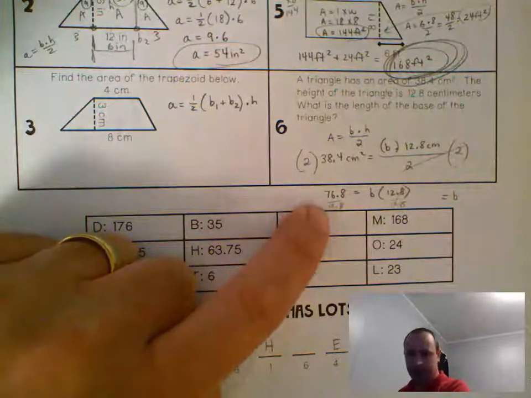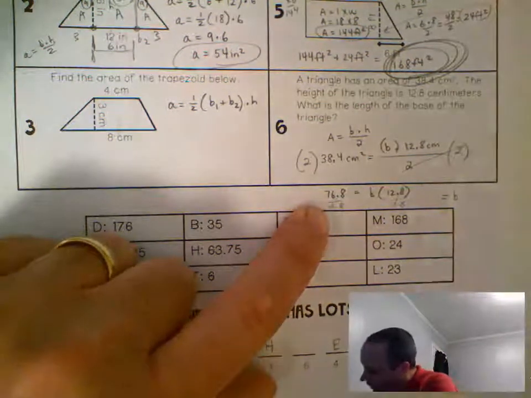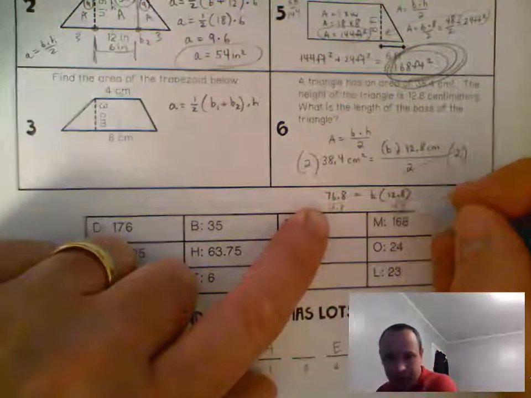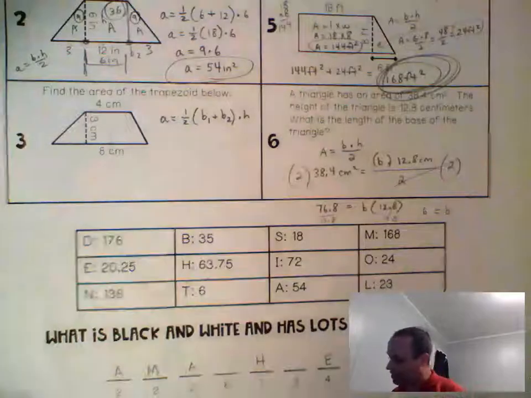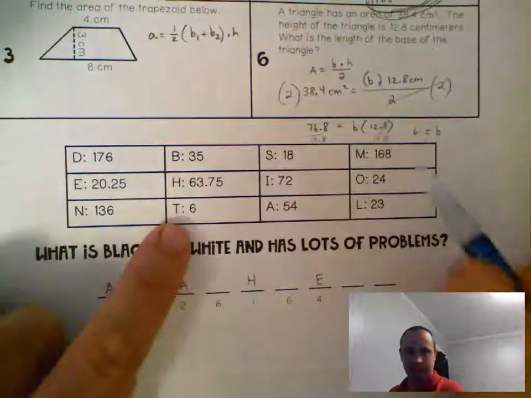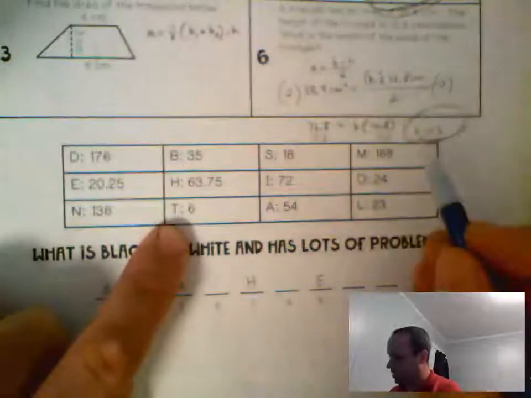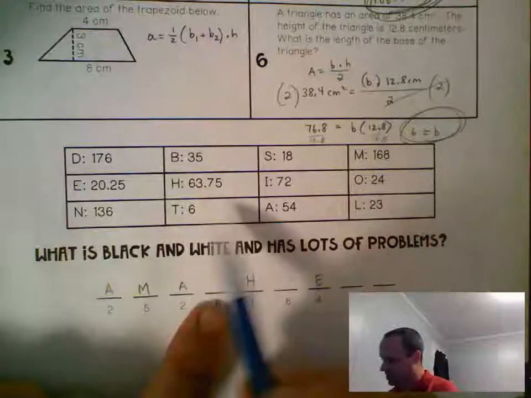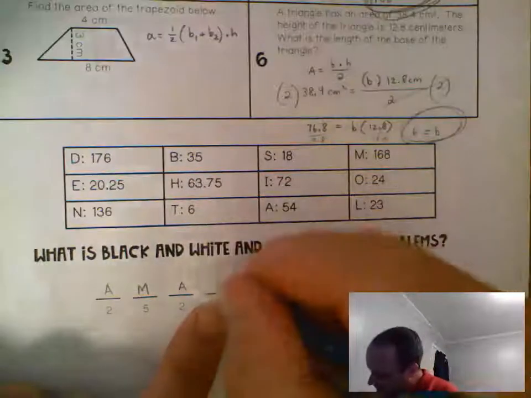I'm going to divide it by that 12.8. And then I get B, this side crossed off, right? Because that's 1. So B is equal to 6, right? So 6 is T. So our answer for this one is 6. For number 6, our answer is 6. So every time I see a 6, I'm going to go to T.